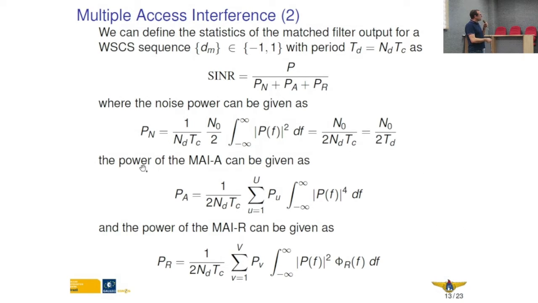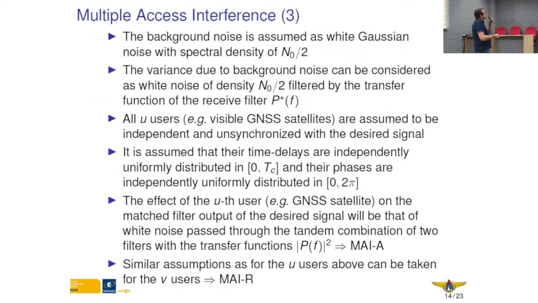If we are using a direct sequence CDMA, we have the same waveform for all the satellites from our system that we are interested in, and we have the cross power spectral density to the other signals of the other system. And we can now explain some of these formulas or equations.